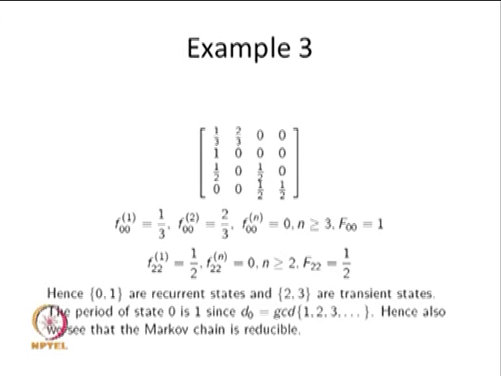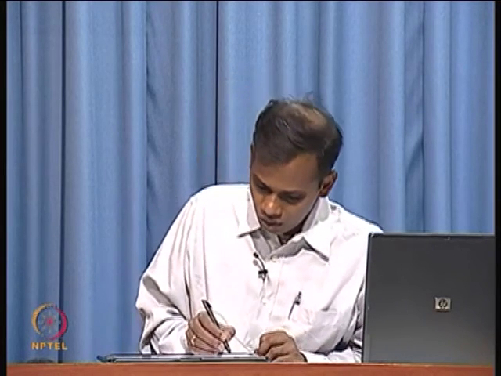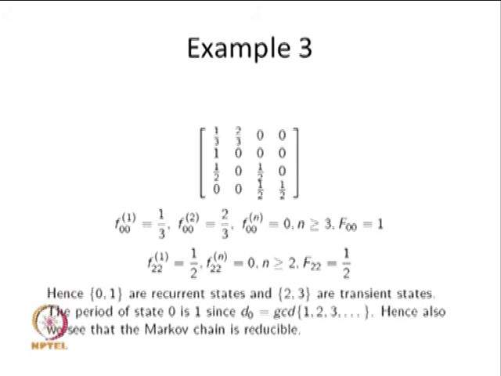My interest is to classify the states for this Markov chain. The Markov chain has 4 states 0, 1, 2 and 3, that is the state space capital S. Now, we will start with the state 0. So, you find out what is F00 of 1. In one step, as a first visit, the system has to come back to the same state 0.